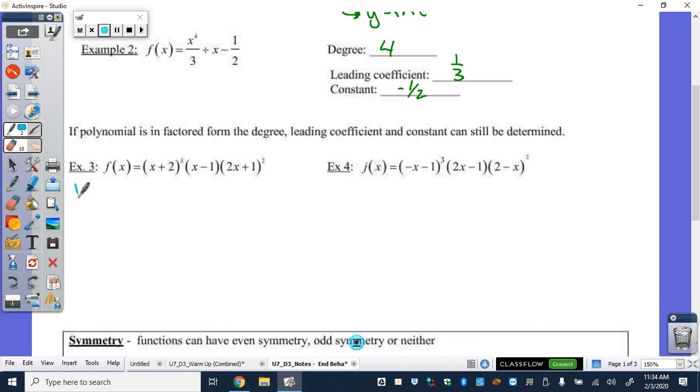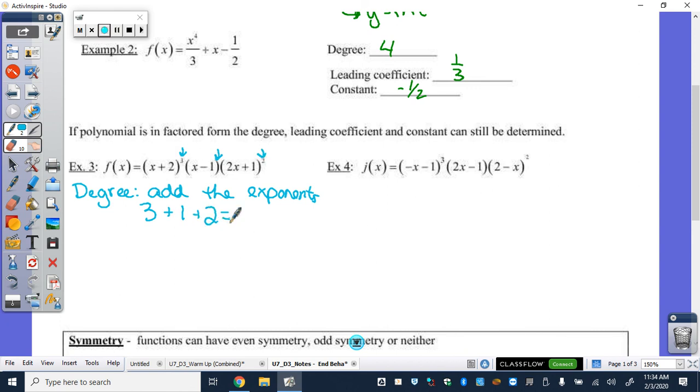So when it's in factored form, for your degree, what you want to do is add the exponents. So if your polynomial is in factored form, you add those exponents. For this example number 3, our exponents would be a 3, there's a 1 here, and then a 2.